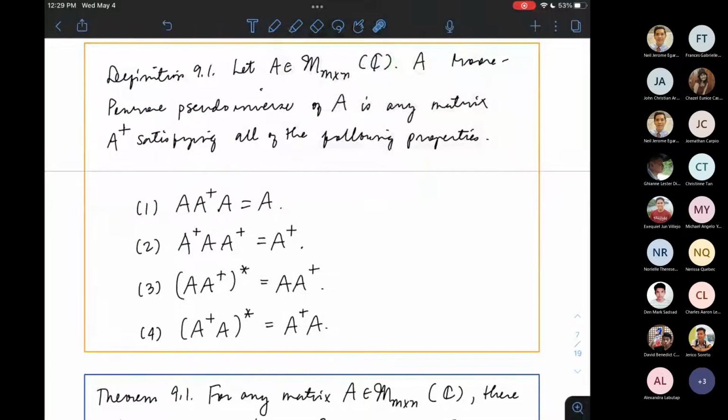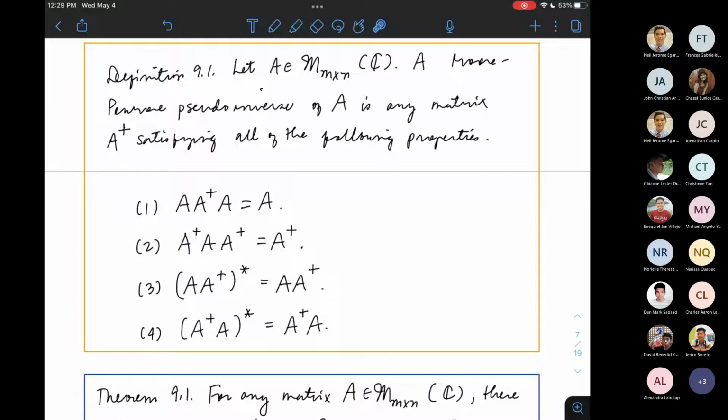Now, first, A times the pseudo-inverse times A is equal to A, meaning parang wala lang pag nag-multiply tayo to the right ng A. Yung pseudo-inverse of A times A into the matrix A, parang walang effect itong multiplier na ito.